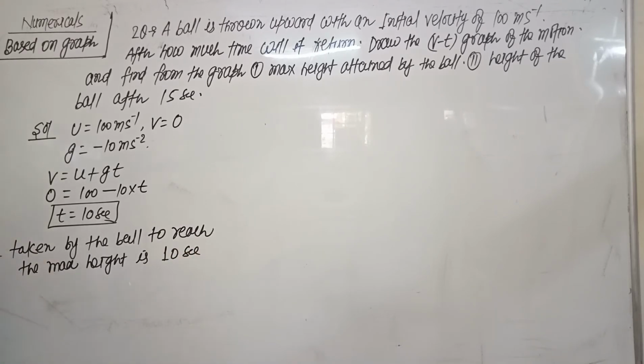Time taken by the ball to reach the maximum height is 10 seconds, and the same time it would take to come from the maximum height back to the initial position.